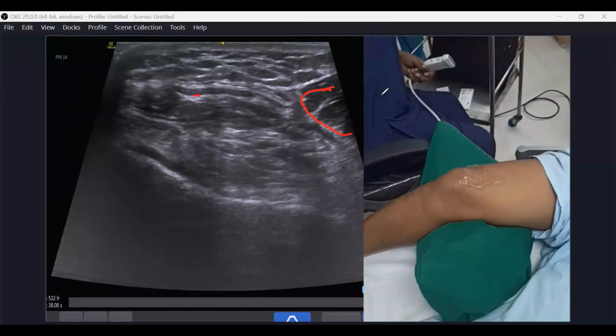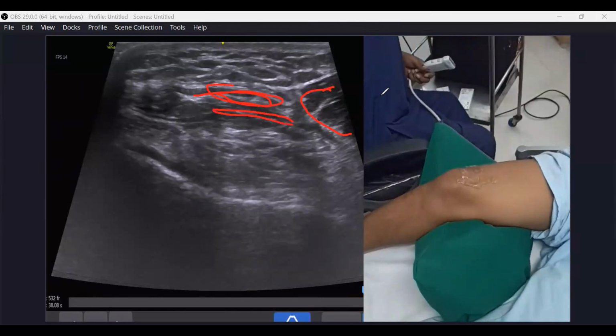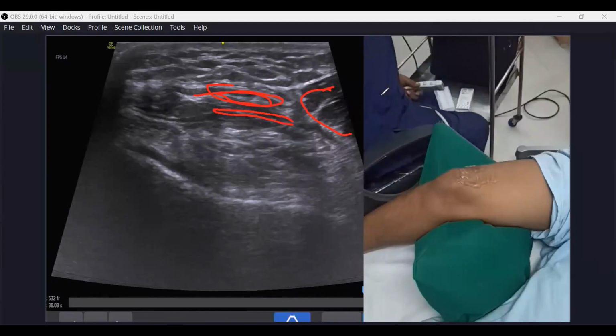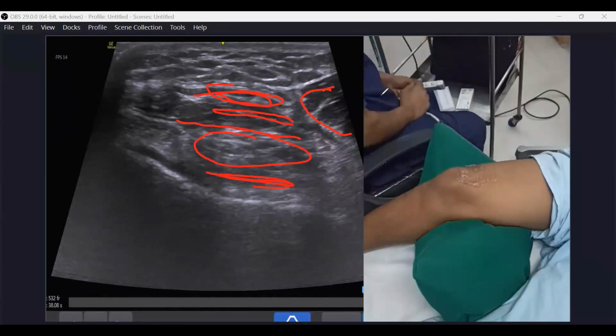This is your quadriceps tendon. After that, there is a small layer of suprapatellar fat pad. Then is your recess, and then your prefemoral fat pad, and then your articularis genus muscle. So they are layer by layer.